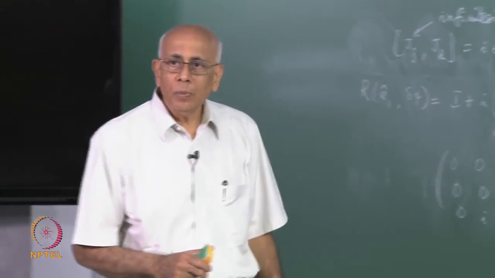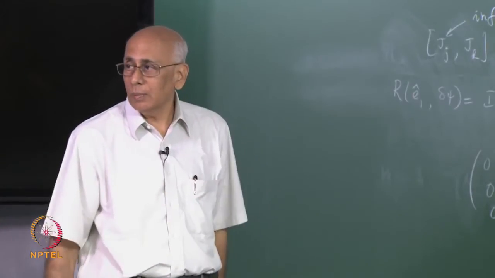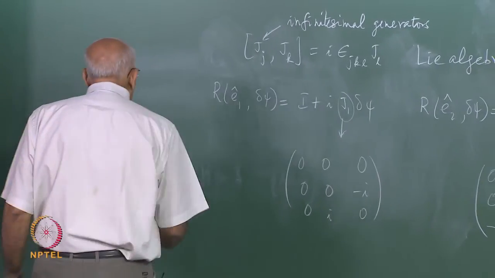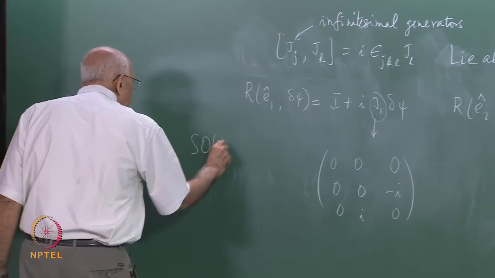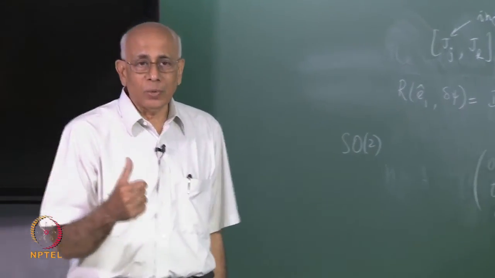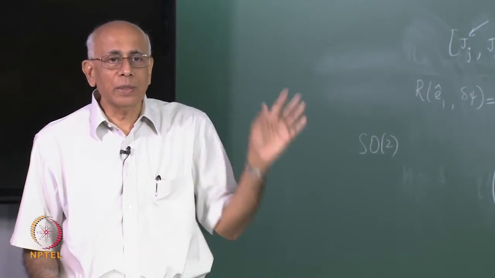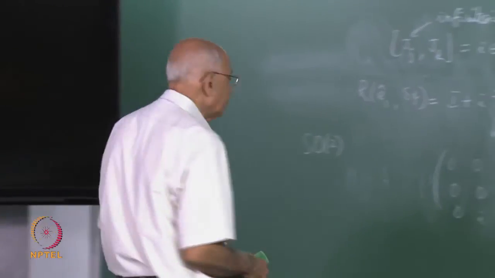So the rotation group in 2 dimensions, which is represented by 2 by 2 orthogonal matrices in a plane, this group SO2 is an abelian group, because it is a commutative group. Different elements will commute with each other in either order.